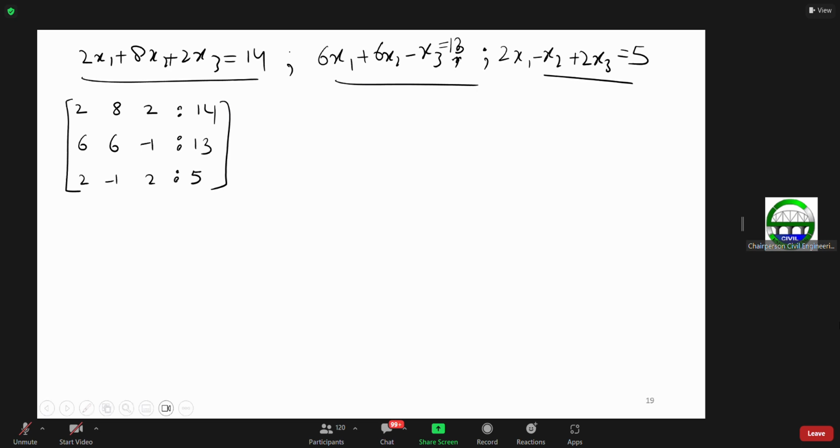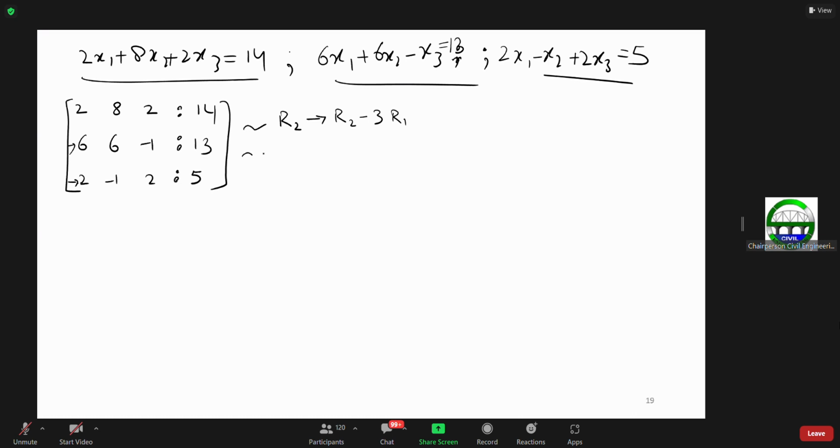Okay, so again start by making this one and this one 0. How are you going to do this? I will say R2 equals R2 minus 3 R1, right? Is it clear?